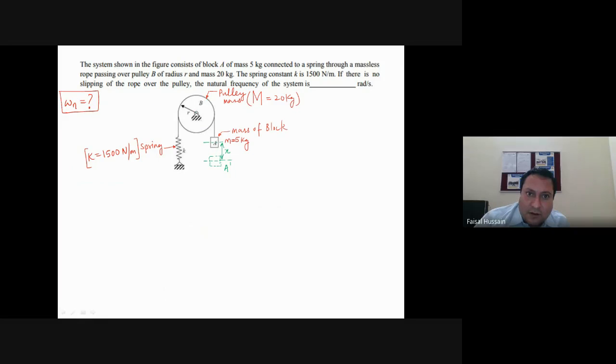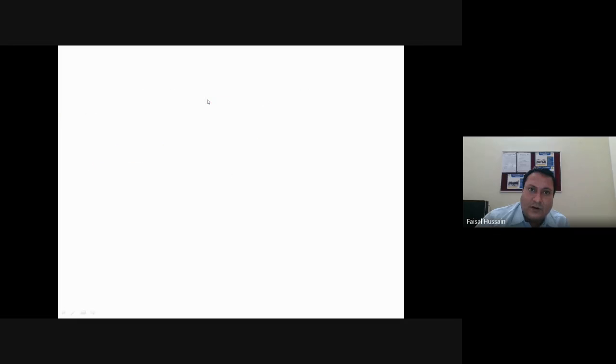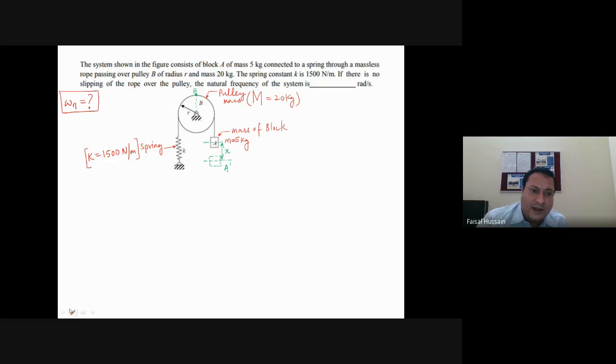Now, for example, this is B, this point is B. Now tell me, if I pull this block downward, the point B will move towards the right because the pulley will rotate, and if the pulley rotates, the rope will move.